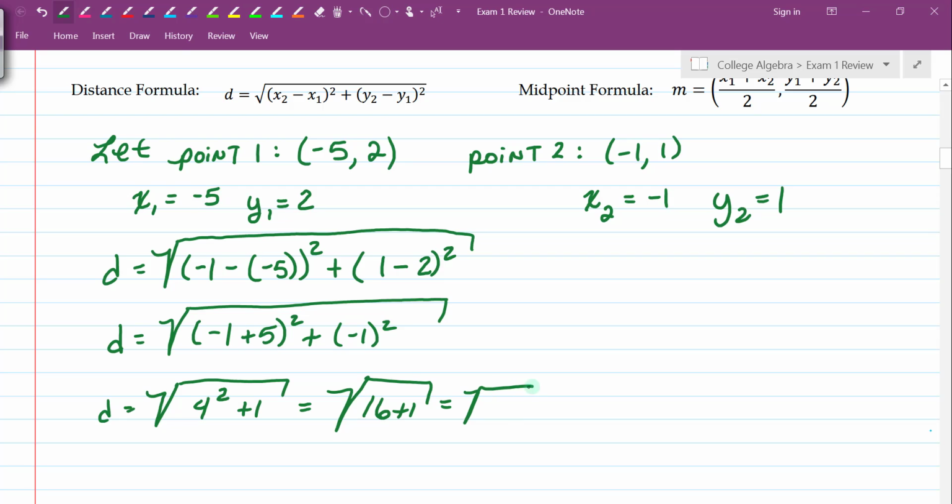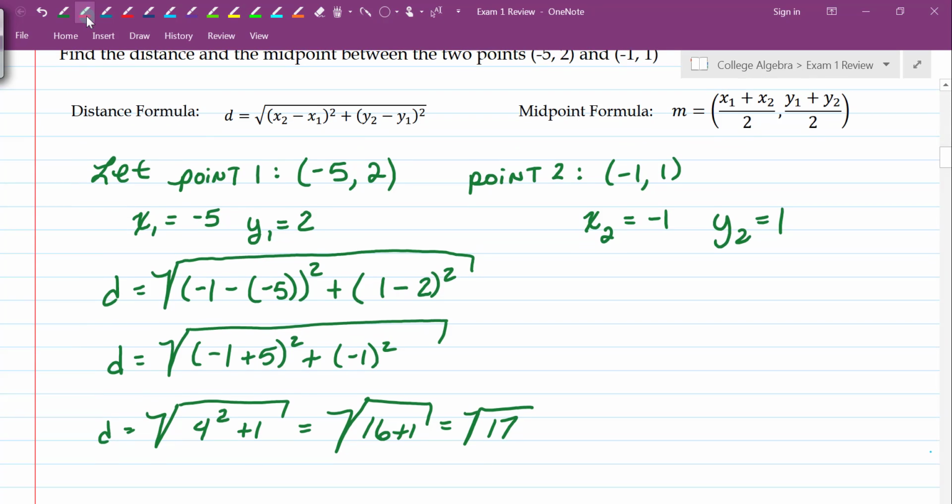So we get the square root of 17. That is the distance between those 2 points. It is the square root of 17. We could put that in our calculator and find out what that is equal to in decimal form, but there's no need to. That's a sufficient answer.